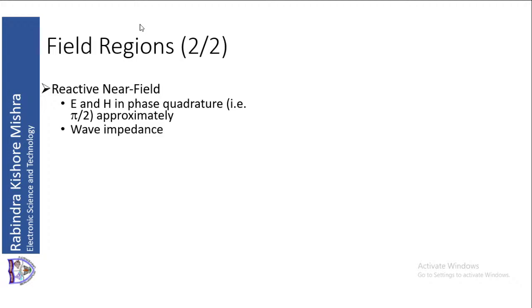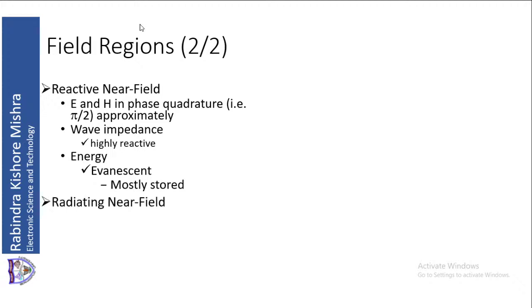The wave impedance, which we define as eta, is highly reactive in nature. The energy is evanescent, which means energy is not propagating. It is mostly stored. So these are the properties of the reactive near field.